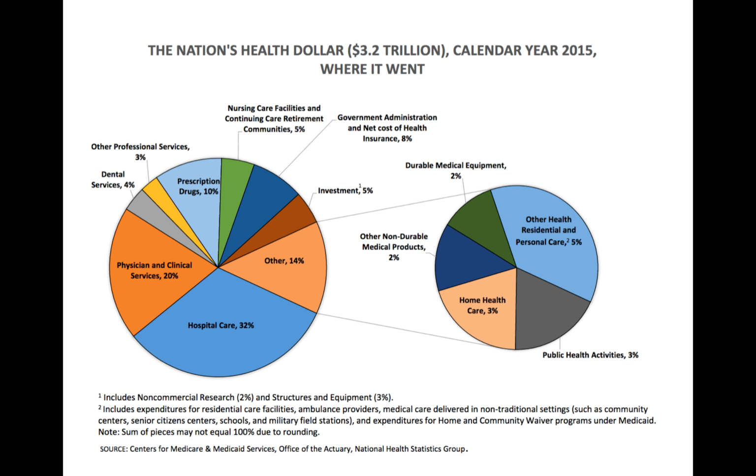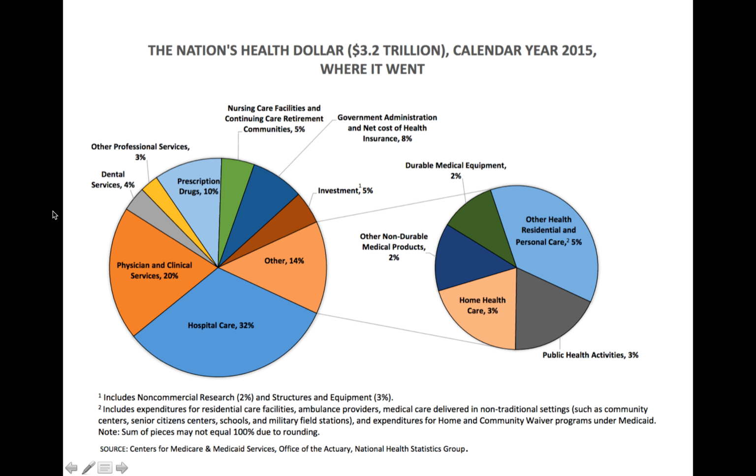So we spent $3.2 trillion. Where did it go? So most of this is being spent on hospital care, physician and clinical services, and prescription drugs. So if we think about, again, that healthcare pyramid, we're not spending it primarily at the base, at the public health level.